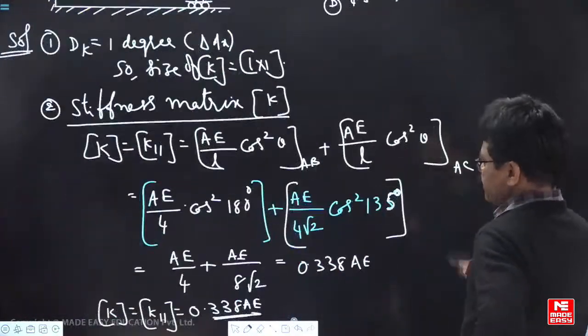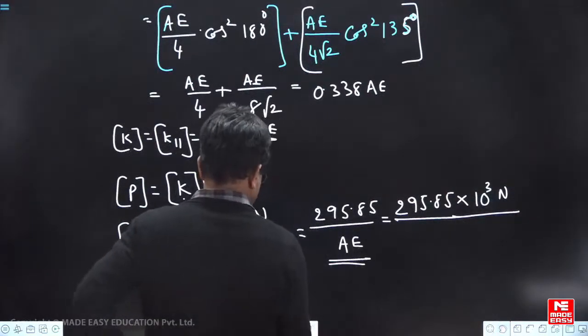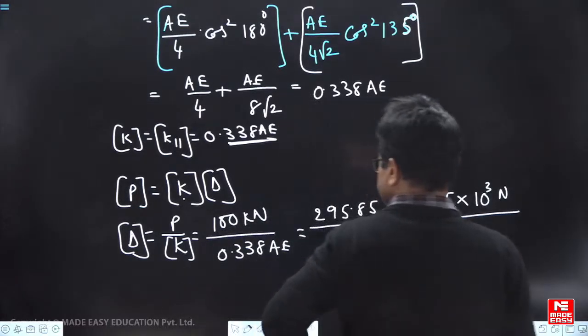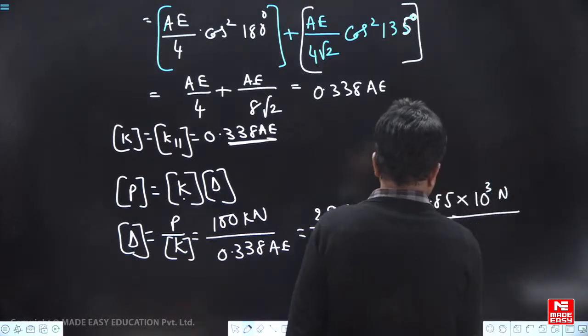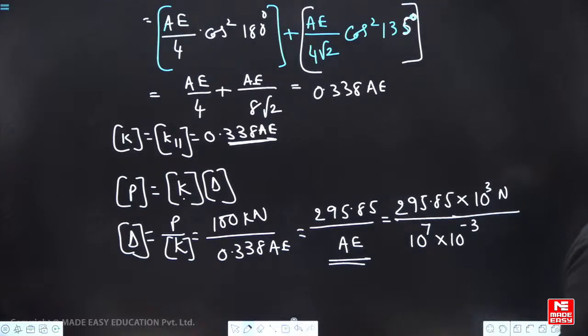AE is 10 to the power of 7. This was in terms of meter, so you convert into mm, 10 to the power of minus 3.